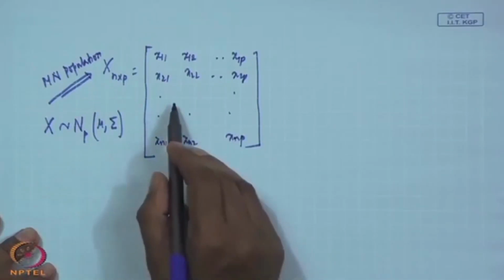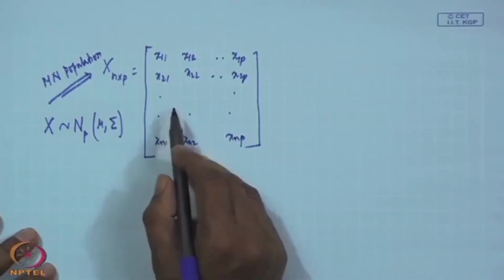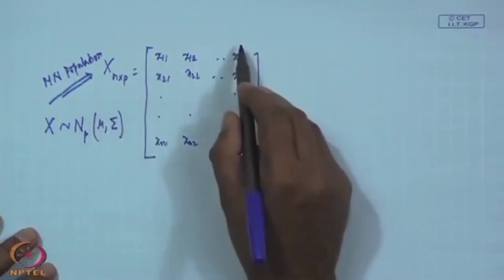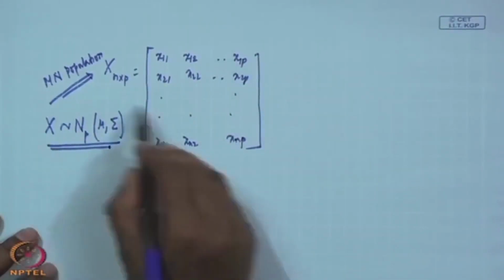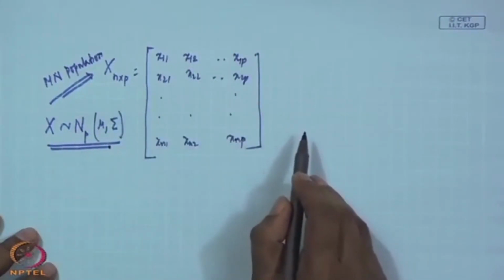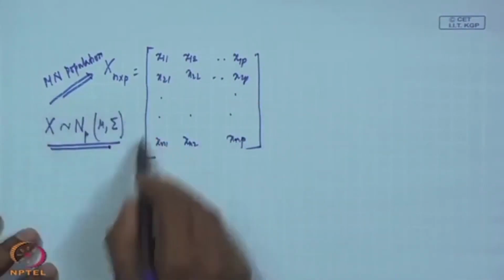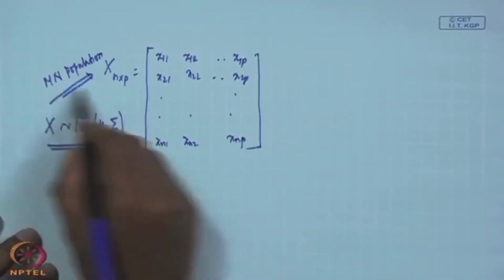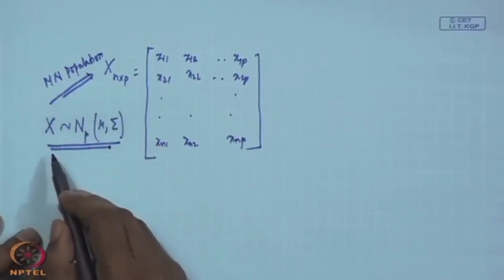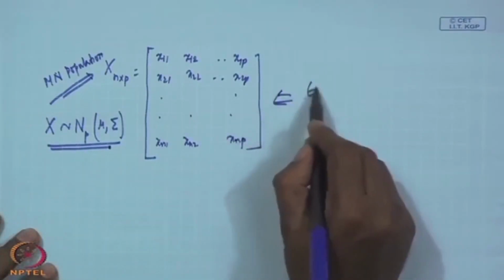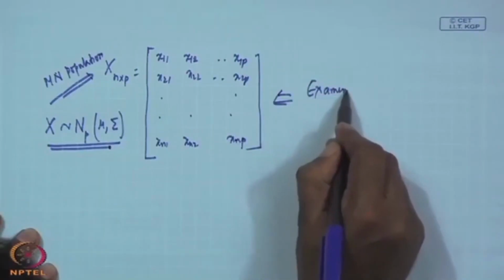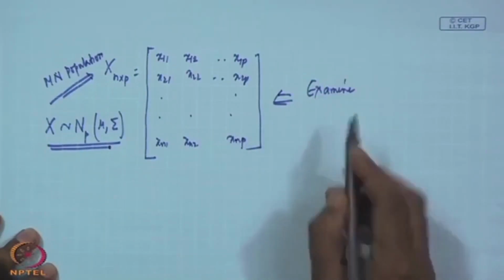What is the guarantee that your data is multivariate normal? It is true that if your population is multivariate normal, the data you generate will be multivariate normal also, but you don't know whether that population is really multivariate normal or not. So, what we do there is examine the data to understand whether data comes from a multivariate population or not.